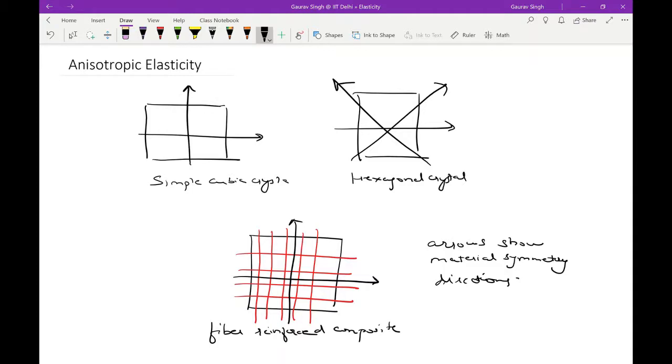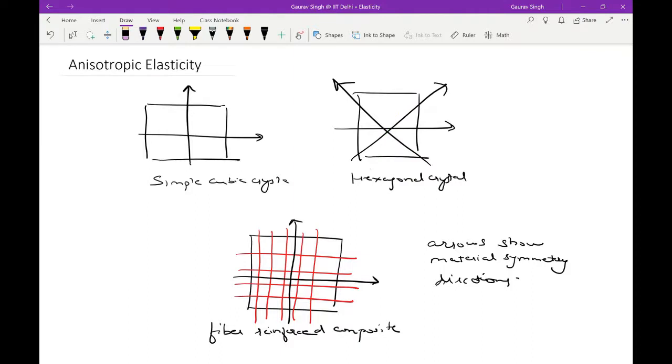It's because of the properties of the materials itself. Like a simple cubic crystal has atoms arranged in a way, and a hexagonal system has the atoms arranged in a way that these three directions give the same response. Okay, not a fourth direction, say like this. Only these three black directions. Okay.